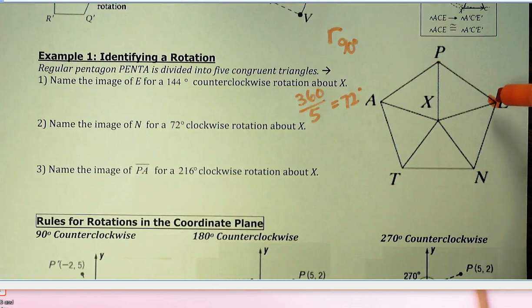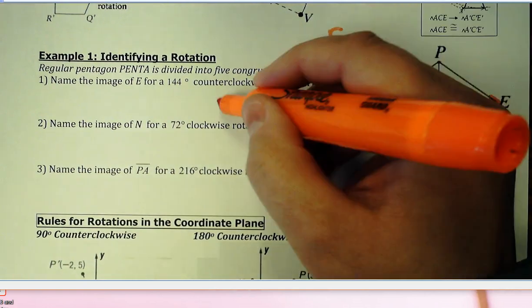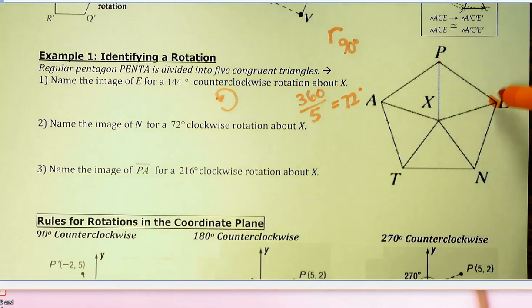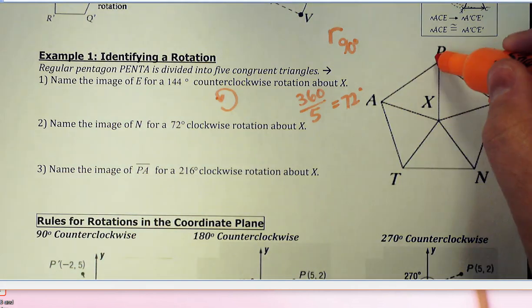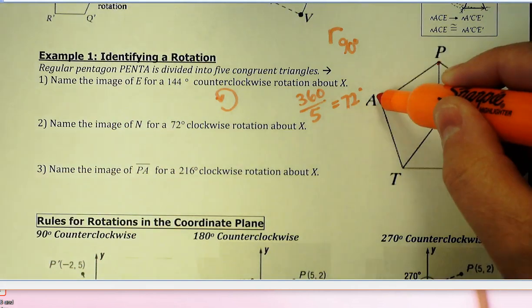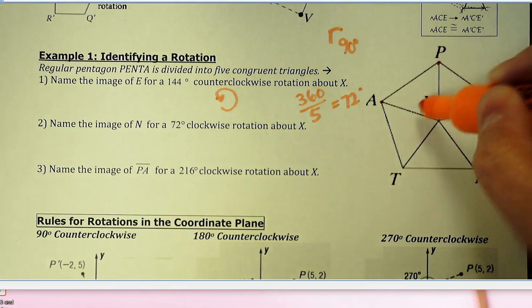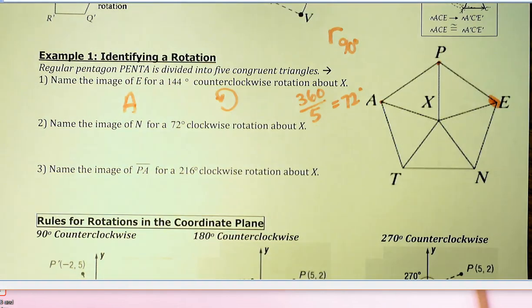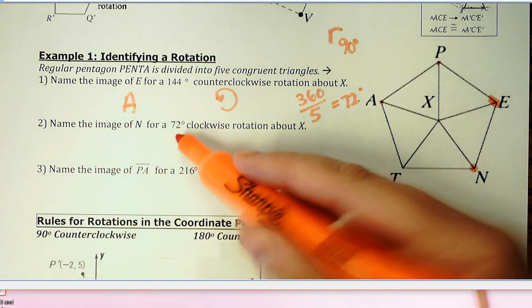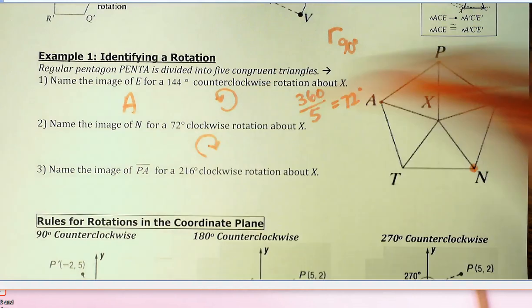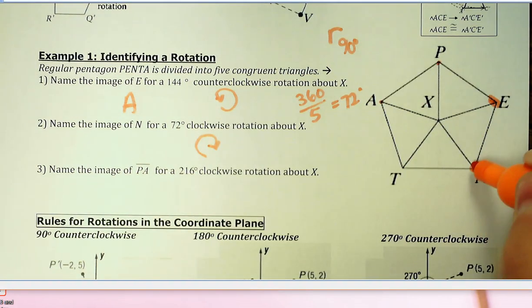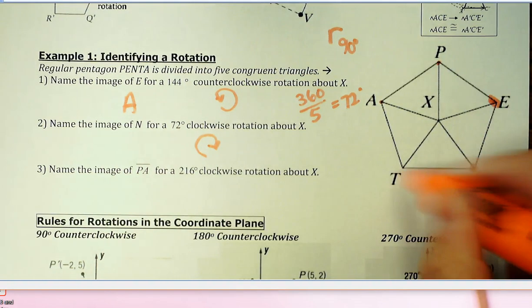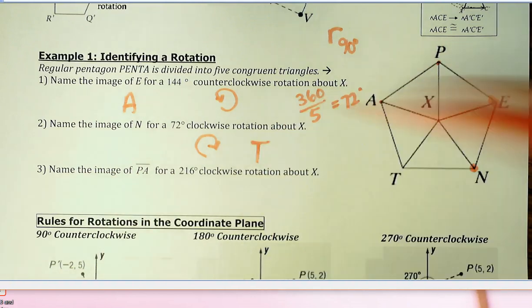If I'm going counterclockwise, that's around this way, 1 would be 72, 2 would end up being 144, so that's the total angle measured there. So I would end up at point A. If I start at point N, this says 72 clockwise, so I'm going to go around this way. Each one of these is 72 as I go, so just 1 over. This would be the point T.